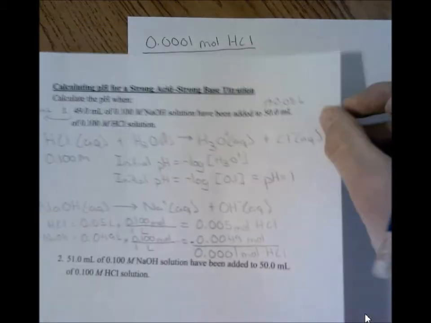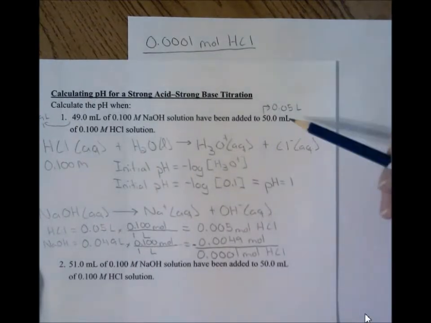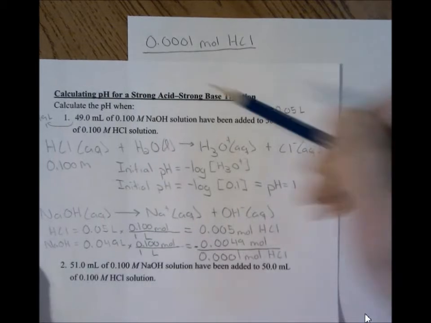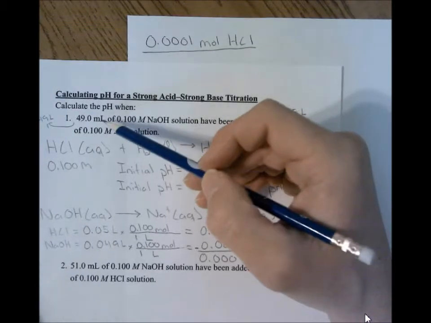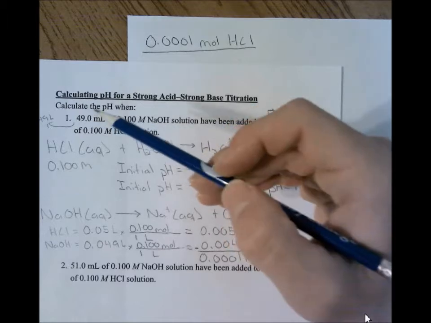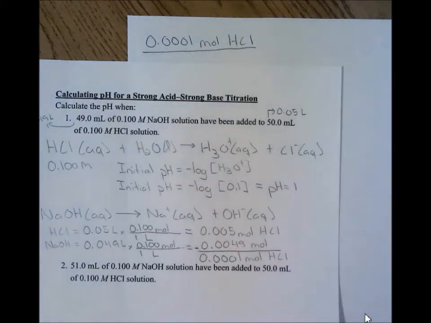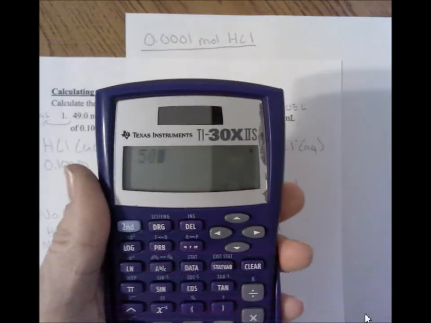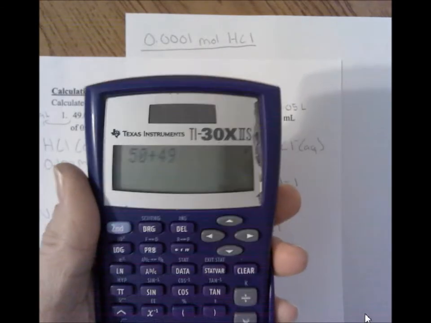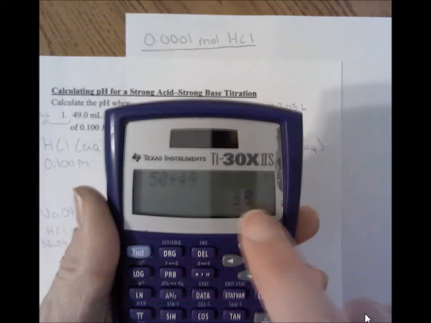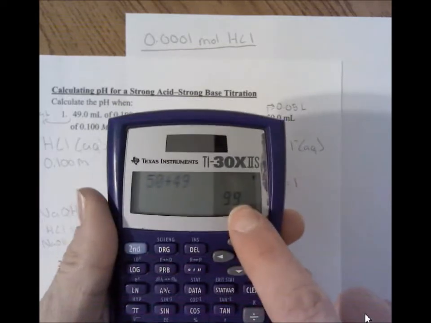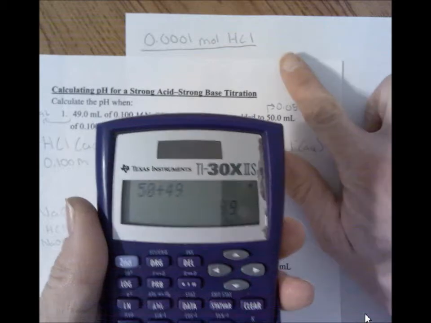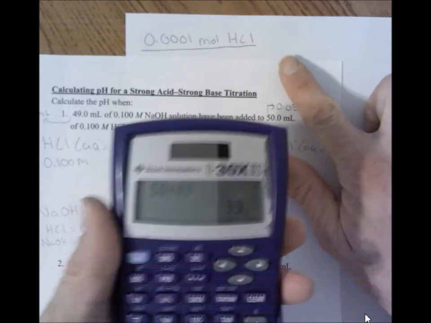We started out with 50 milliliters of this solution, and we added 49 milliliters. So right now we have 99 milliliters of solution. Now our molarity formula tells us we can't just have milliliters, we have to have liters.